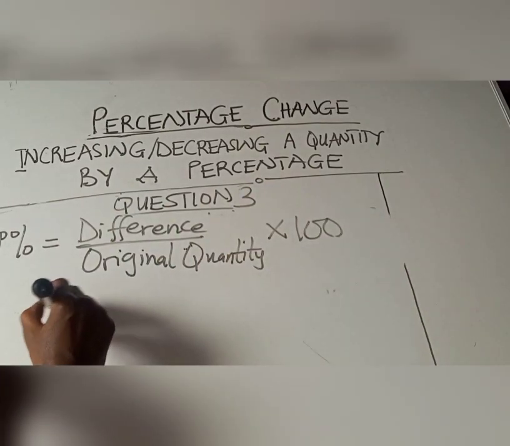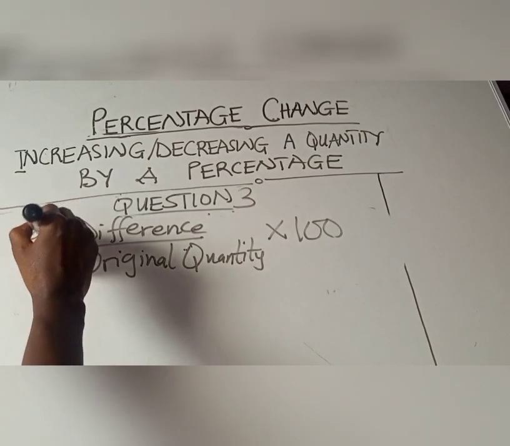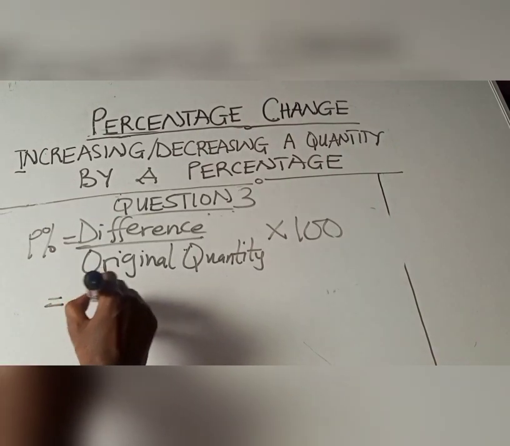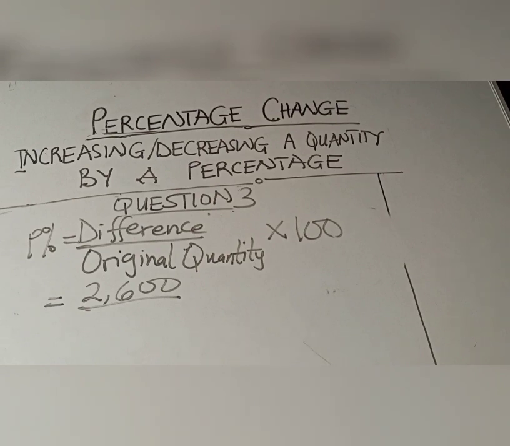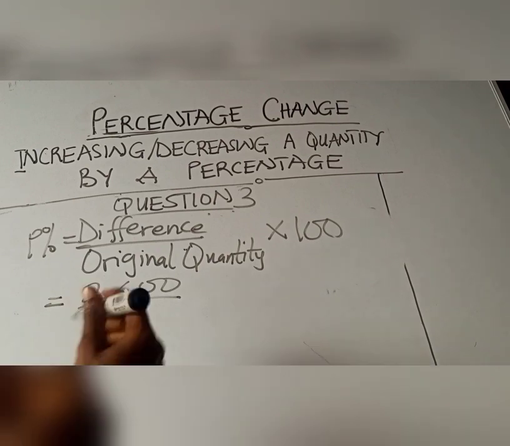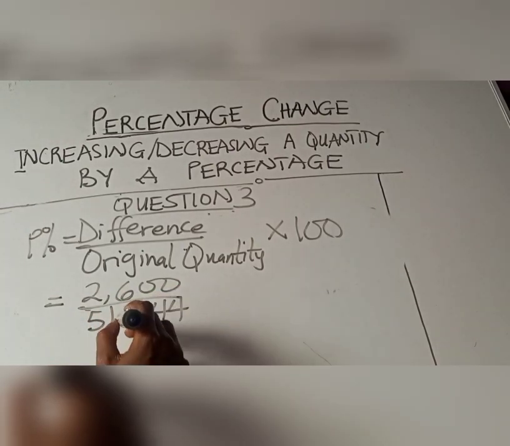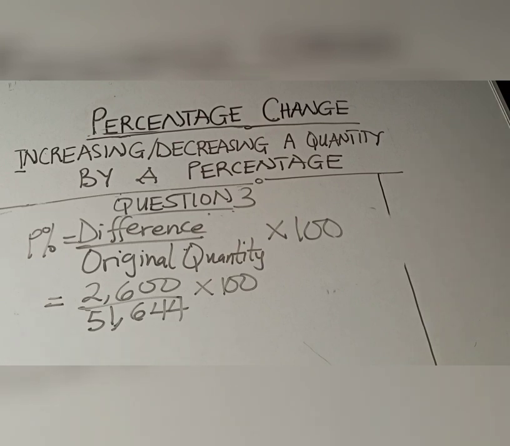Okay, so let's just substitute the values into the equation. What's the difference? We have 2,600 out of the original quantity, that is the old sales made, 51,644, times 100. Now, let's look at simplifying this.